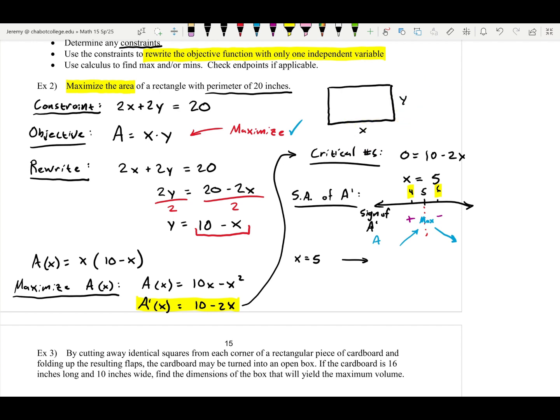So a lot of times, this step in the middle of the rewrite, where you've gotten y isolated in your constraint equation, is usually the good place to plug in at the end of the problem to get the other variable. So let's do that. y is equal to 10 minus x, which is equal to 5. So it looks like y is equal to 5.